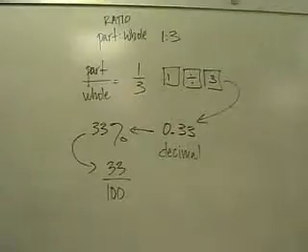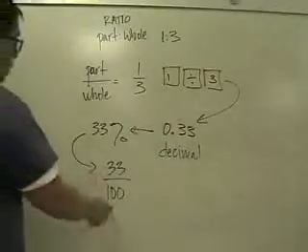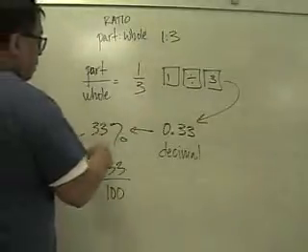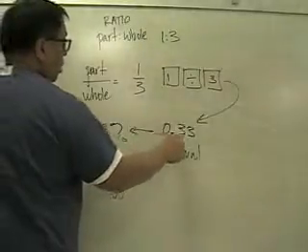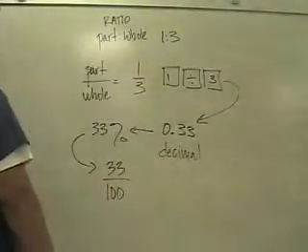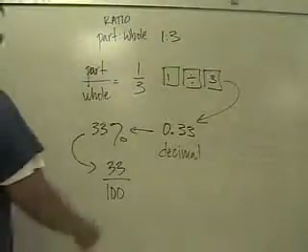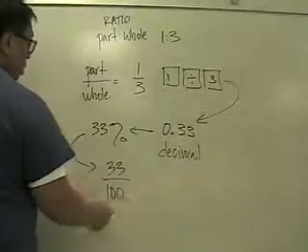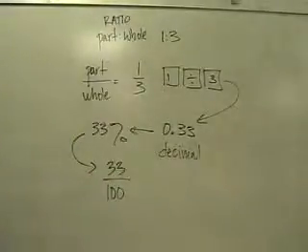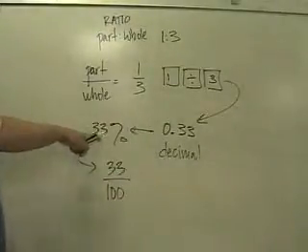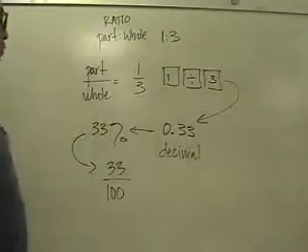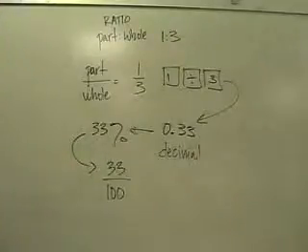Now, if you want to go the other way, what's 33 over 100? 33%. 33% can be written as 0.33, which is the decimal conversion. Okay? You could write it 33 over 100, and that's also a fraction. Percent is easy. All you have to do is take whatever percent and put it over 100. So 5% is 5 over 100. 10% is 10 over 100.